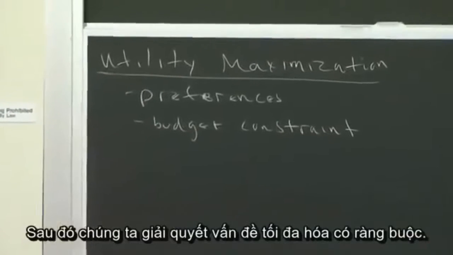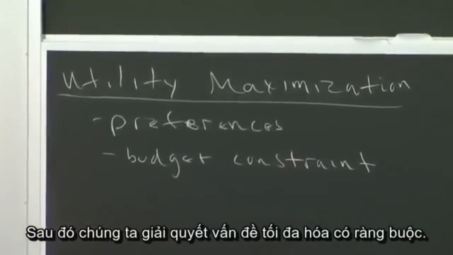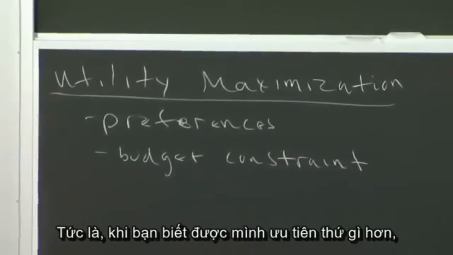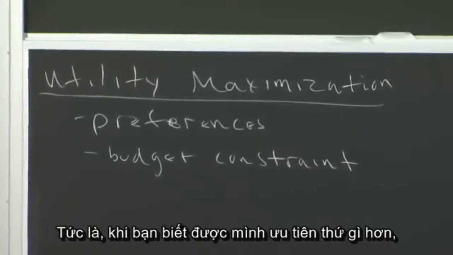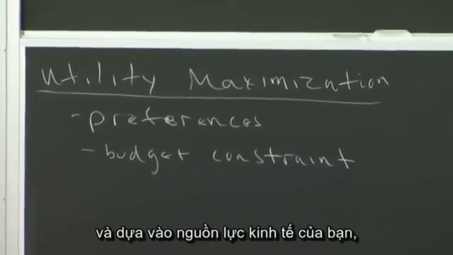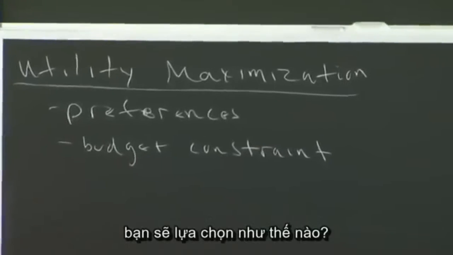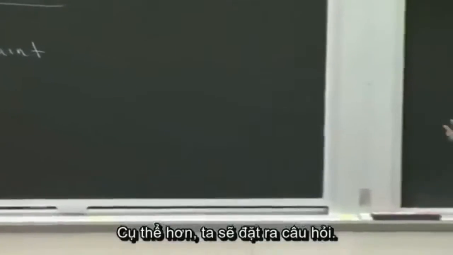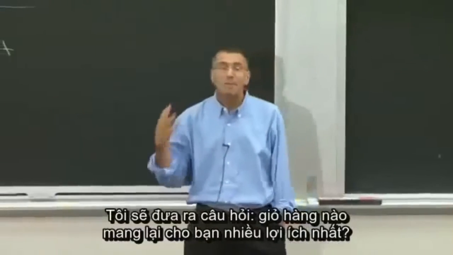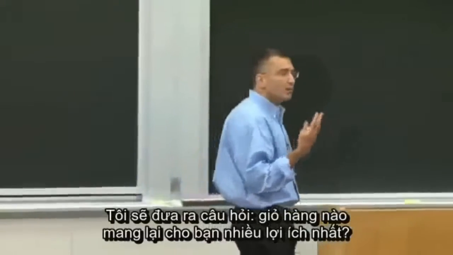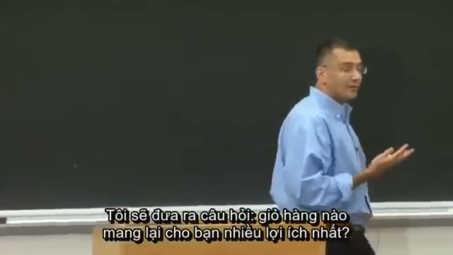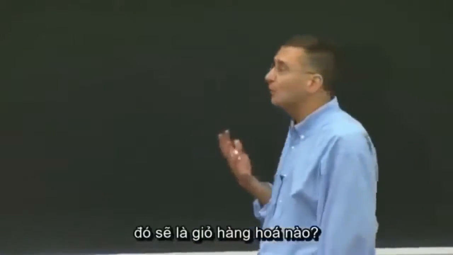And then we do a constrained maximization problem that says, given your preferences, given what you'd like, subject to the resources you have available, what choices will you make? In particular, we're going to ask, what bundle of goods makes you the best off? Given your preference, given your constraint, what bundle of goods?